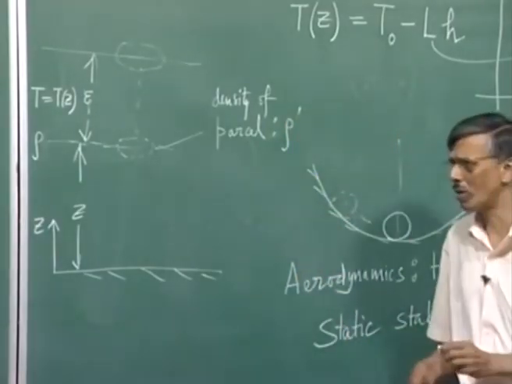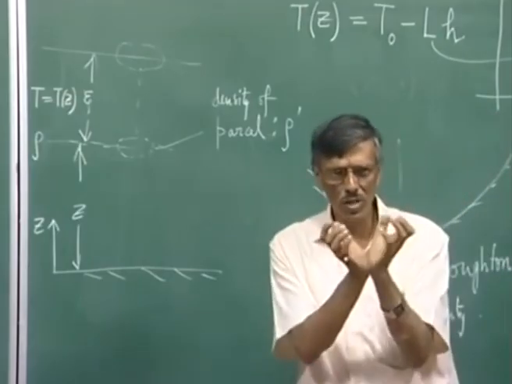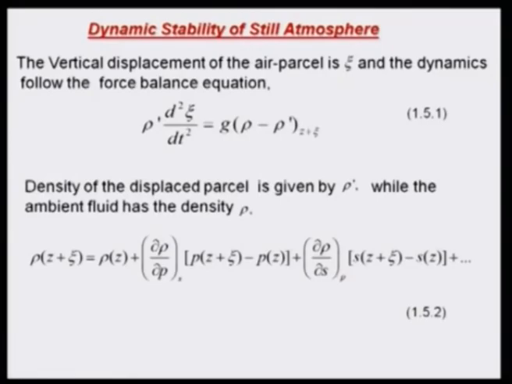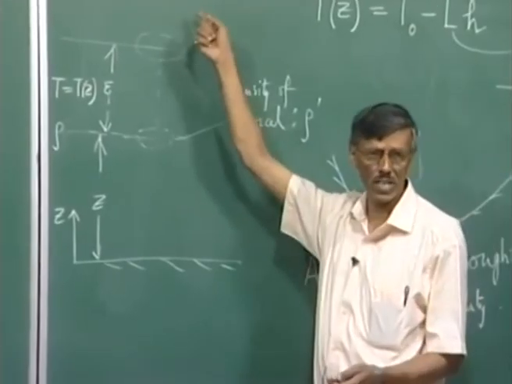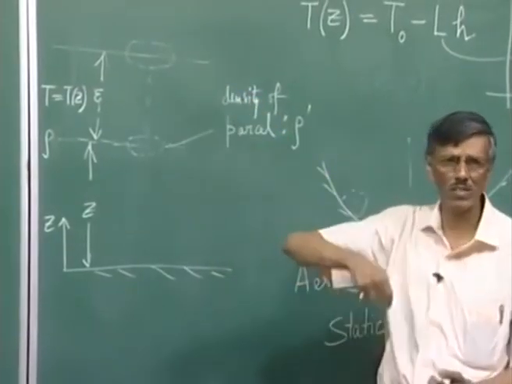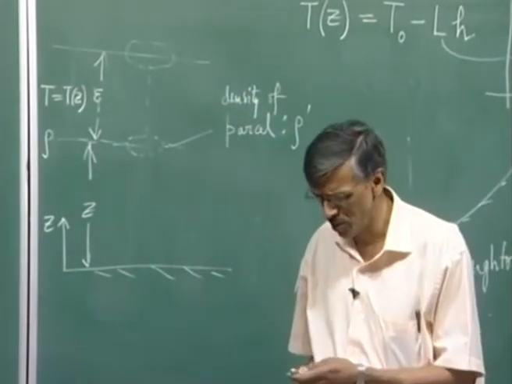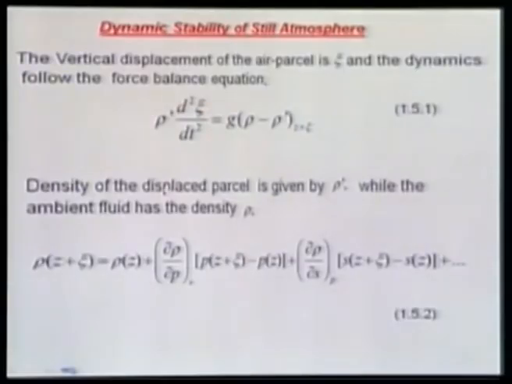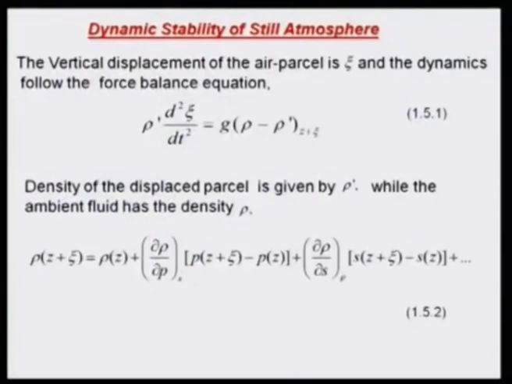If I now talk about a unit volume, then its mass is rho prime, right, and we have moved it vertically and it is going to experience a vertical force due to buoyancy. So, if I want to study its dynamics, I will write this down. This is mass times acceleration on the left hand side.